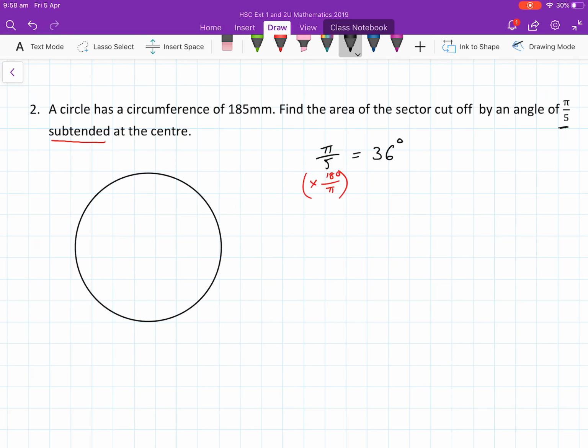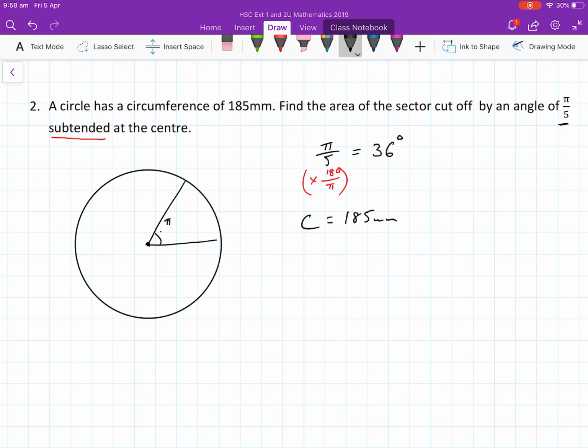So I'm going to write here as well, C equals 185 millimeters. Now the problem with this question is if I draw my sector and put my angle in here, which is pi on 5, exactly 36 degrees, I don't know what the radius is, so I need to find the radius.